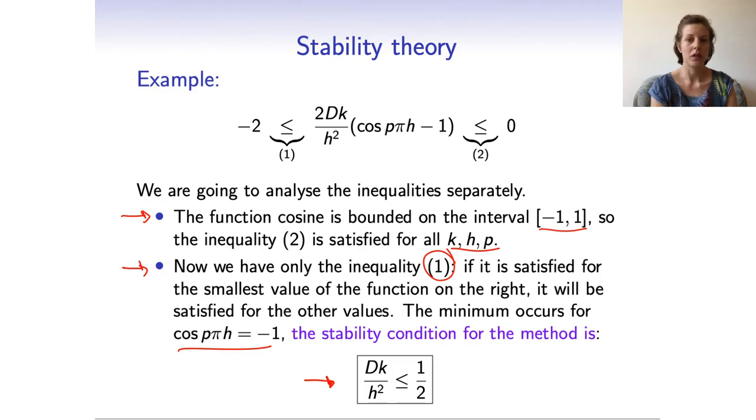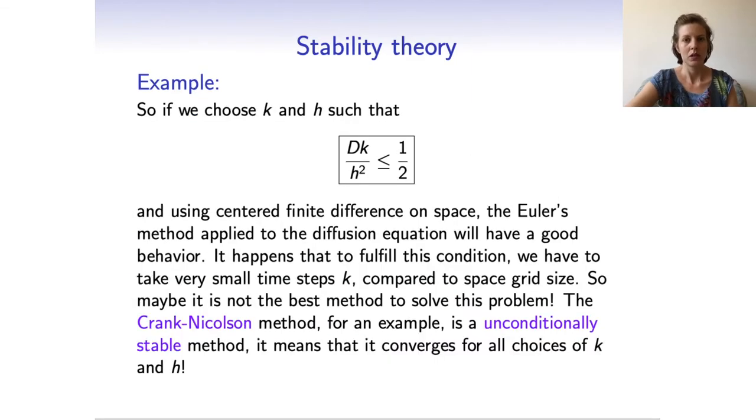Yeah, really small time step related to the mesh grid size. So if we choose K and H such that the stability condition is satisfied, and using the centered finite difference on space, the forward-Euler's method applied to the diffusion equation will have a good behavior.